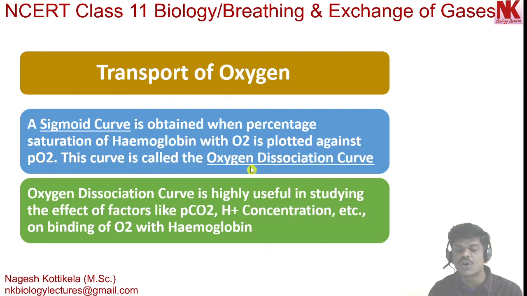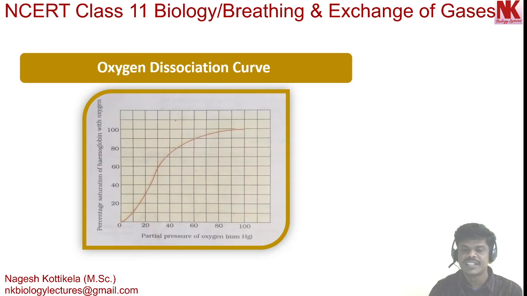This curve is called oxygen dissociation curve. You can see here, this is oxygen dissociation curve. You can see on x-axis partial pressure of oxygen. On y-axis percentage saturation of hemoglobin with oxygen. So this is a sigmoid curve.